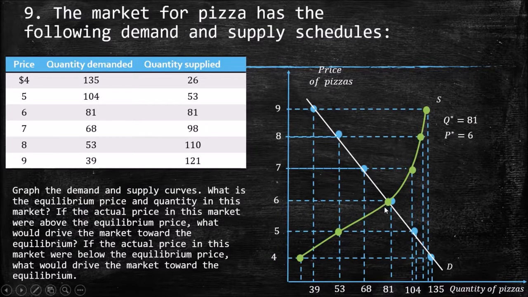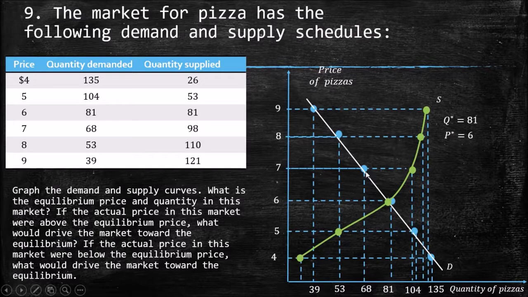Okay, on the other side, when we are, for example, at $7 and we have just 68 pizzas, in this case there's going to be an excess of supply. So there's like a stock of pizzas that just go to waste because they are there but no one buys them.